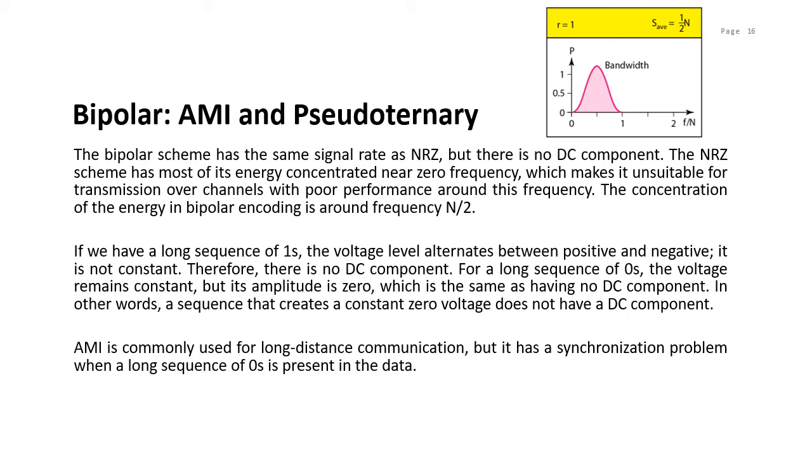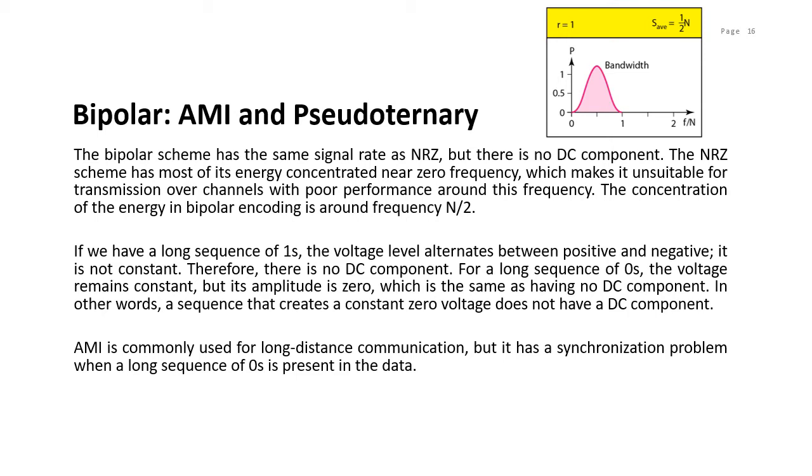Why is there no DC component in bipolar encoding? If you use Fourier transform, you can see the answer, but you can also think of it logically. If you have a long sequence of ones, the voltage level alternates between positive and negative.